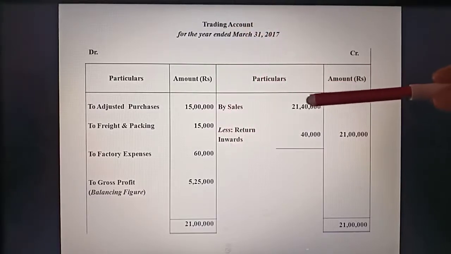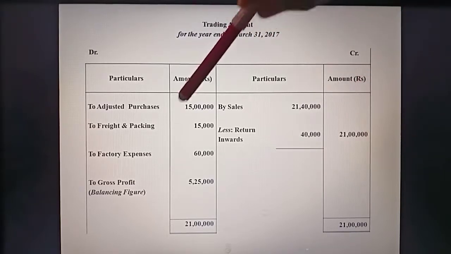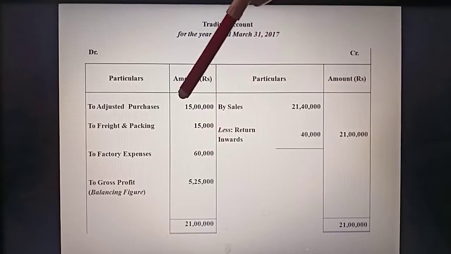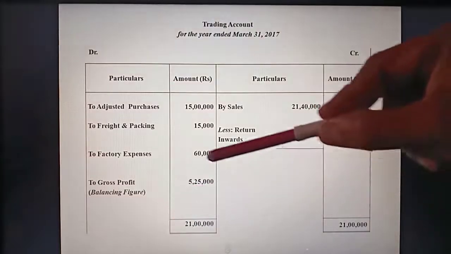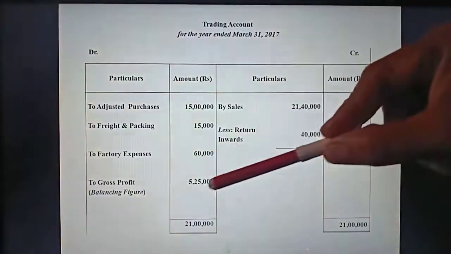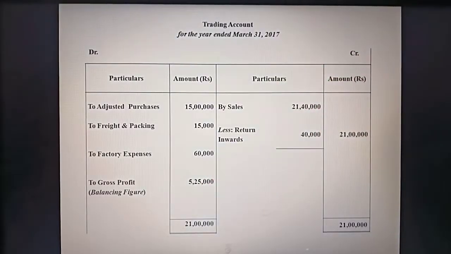So after deducting 40,000 from 21 lakh 40,000, you will get 21 lakh. Now deduct these items, 15 lakh, 15,000 and 60,000, from 21 lakh. You will get the gross profit, that is the balancing figure: 5,25,000. This is the solution of the trading account of this question.